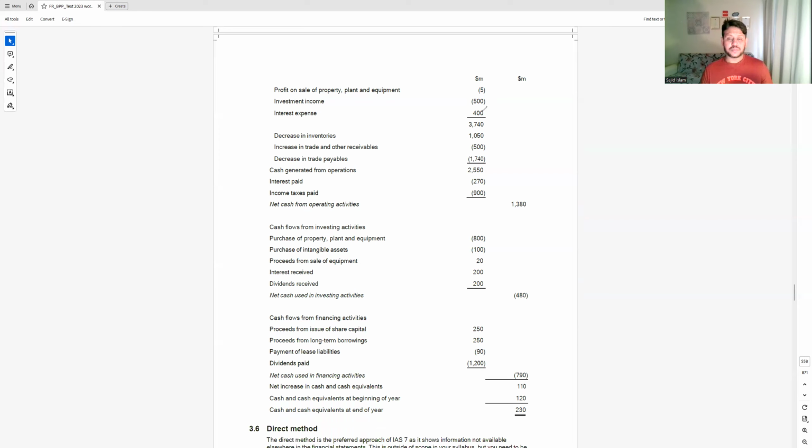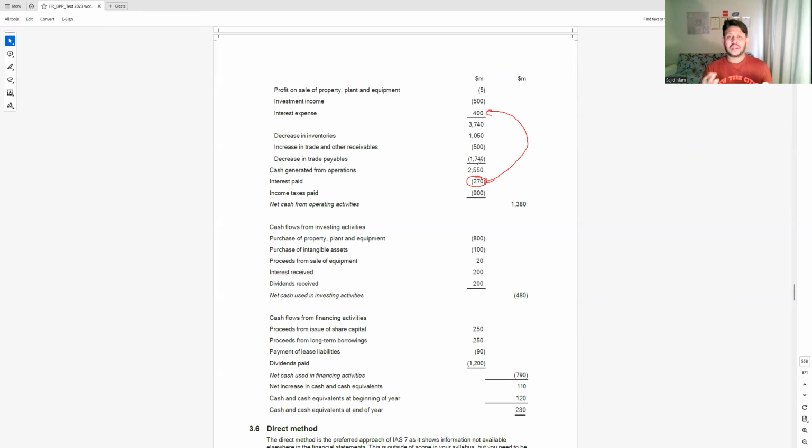And the interest expense will be quite interesting because we're going to add back and later on we're going to pay it. For example, look at the interest expense here, and again we have an interest paid here. So 400, the interest expense, we add back, and later on how much we paid, we minus that. Now it is possible that with an interest of 400, I didn't pay all the interest during the year.